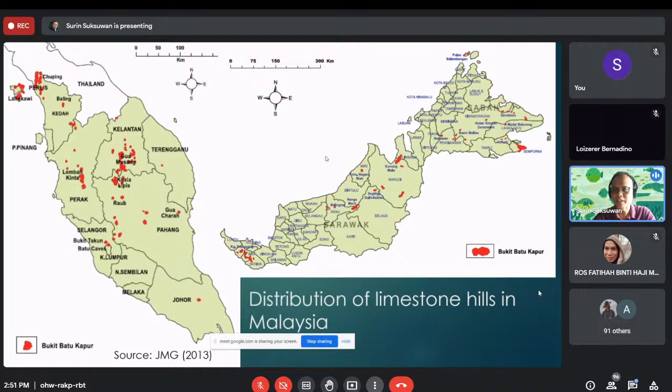And over in Sabah, you can see that mainly they are found in the north, eastern and eastern end of the state. And then in Sarawak, mainly in the northern side near Gunung Mulu, also around the Goniah area, a few in the central area, and then around Bau, which is in the south side, closer to Kuching.